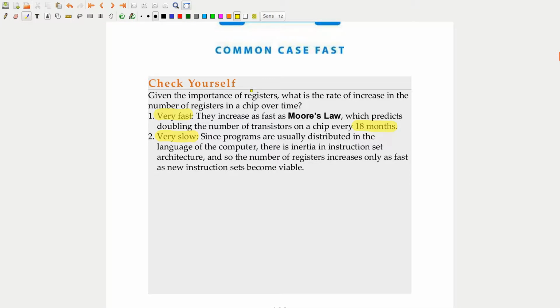Let's look at Intel. What does Intel use? Intel uses x86, right? Now here's a better question. How long has Intel used the x86 architecture? They've used the x86 architecture a very long time.